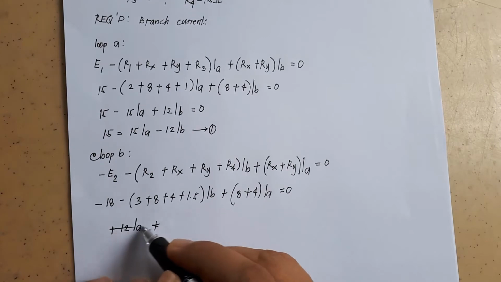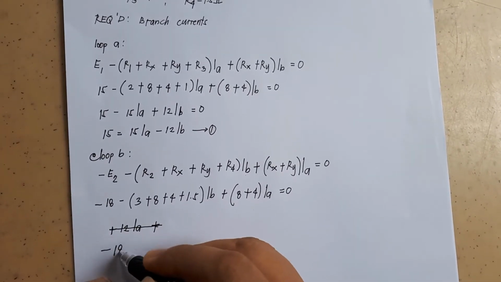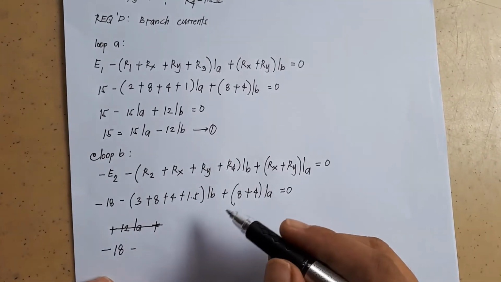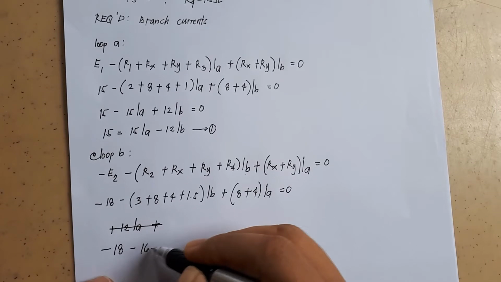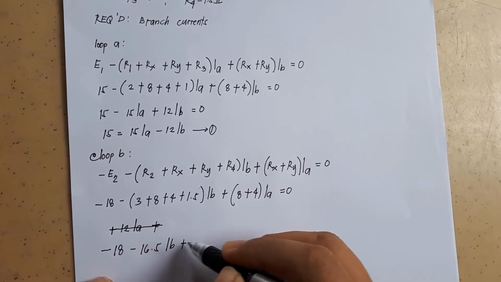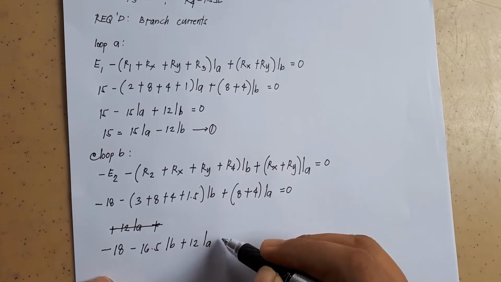I'll just write it below. We have minus 18 minus 16.5 IB plus 12 IA is equal to 0.